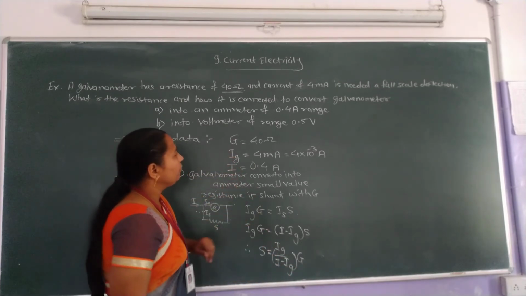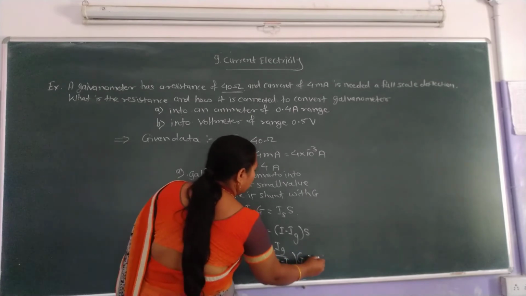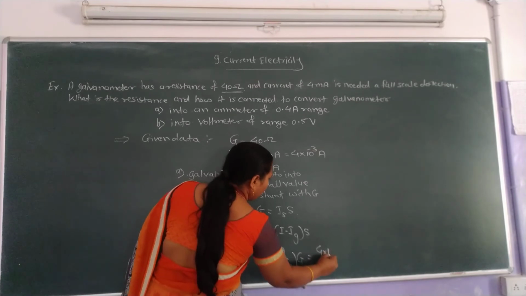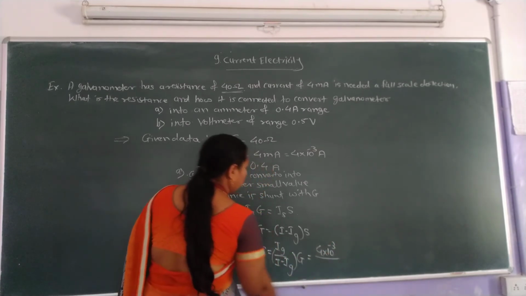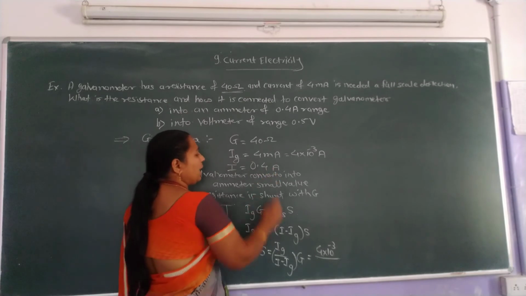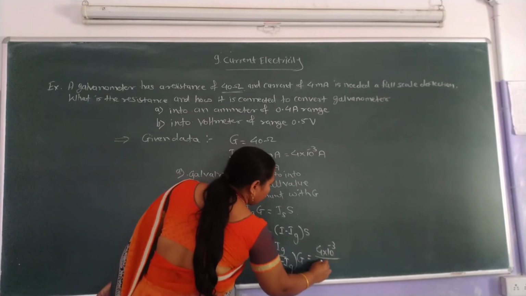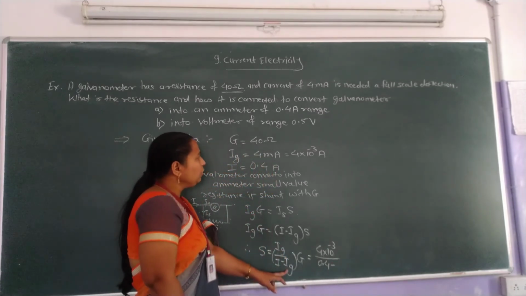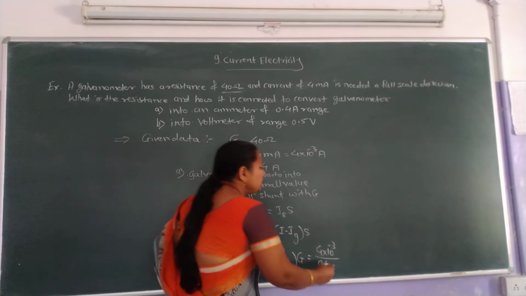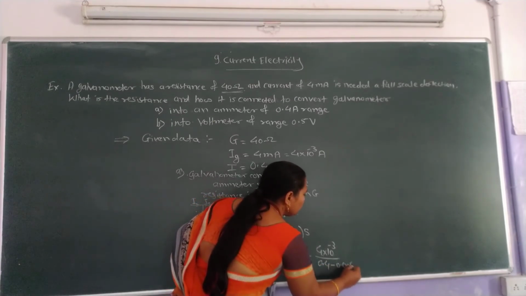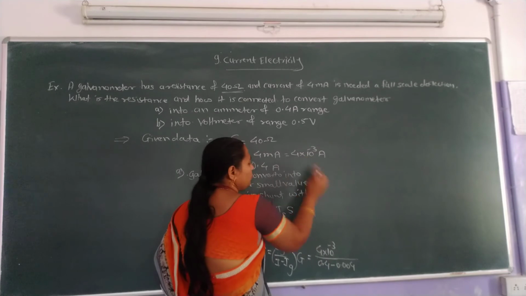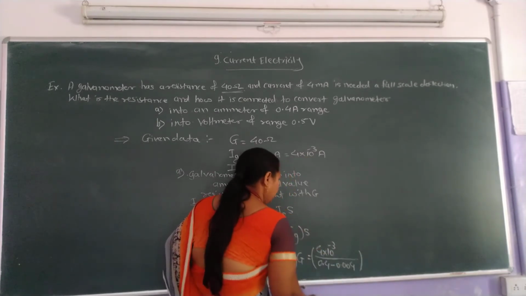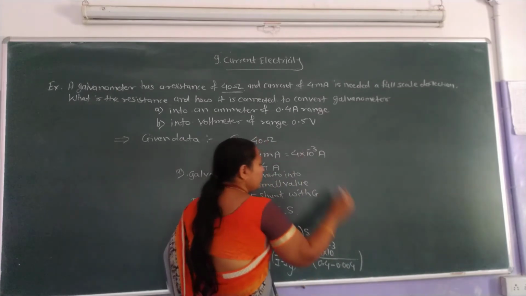Substitute the values. Ig is equal to 4 into 10 raised to minus 3, upon 0.4 minus 0.004, into G, which is 40 ohm.